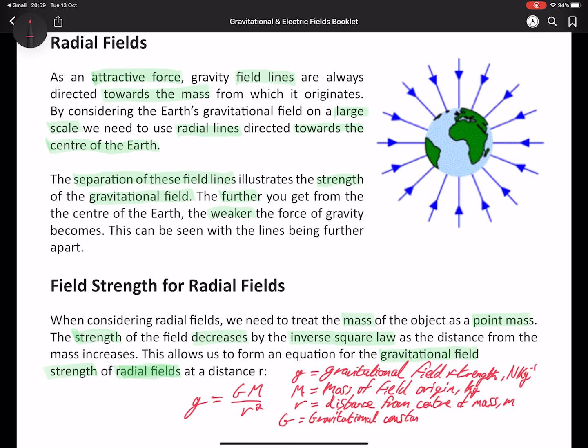This is a value that is provided on the equation sheet as with all other key constants, and it is given as the value 6.67 times 10 to the minus 11, with the most exciting unit, which luckily you don't have to remember, of newton meters squared per kilogram squared.